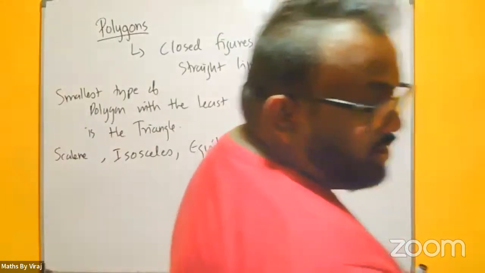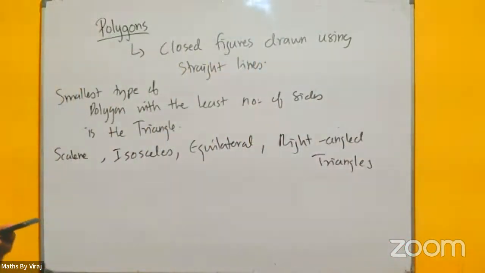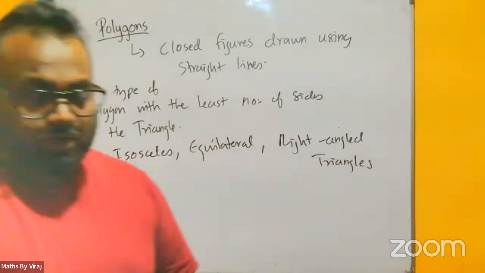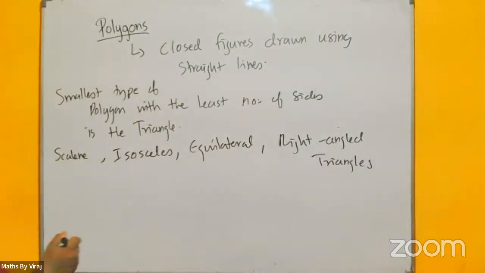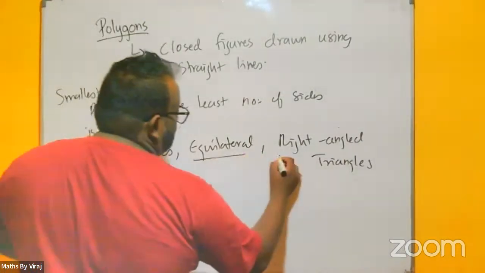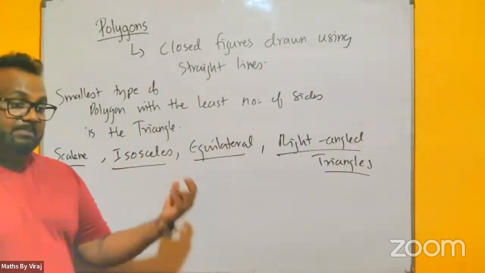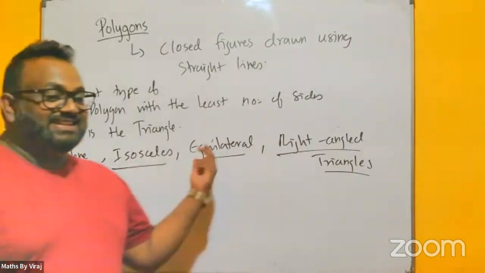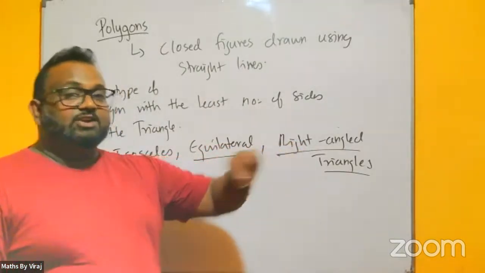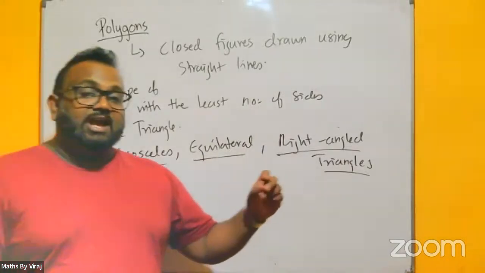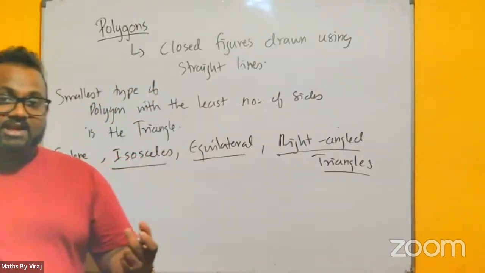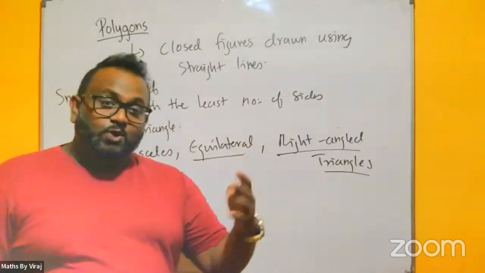But if we go according to your textbook, we have equilateral, isosceles, scalene, then acute, obtuse, and right angles. So here I'm just going to give you all the 4 types first. Based on these, we'll then subdivide them according to their angles, whether acute angles, obtuse angles, or right.